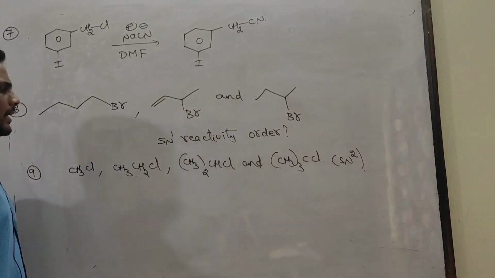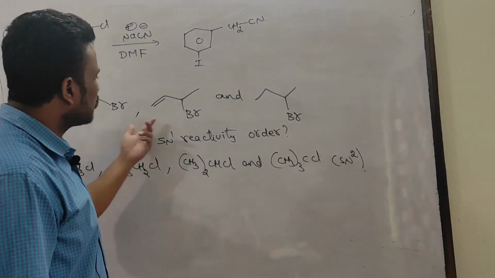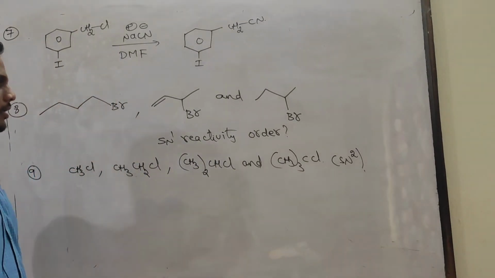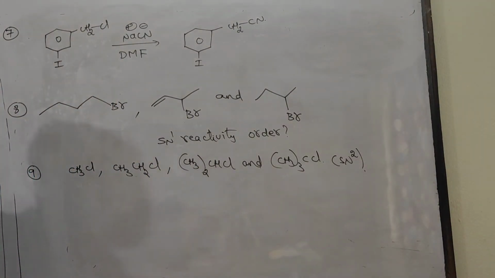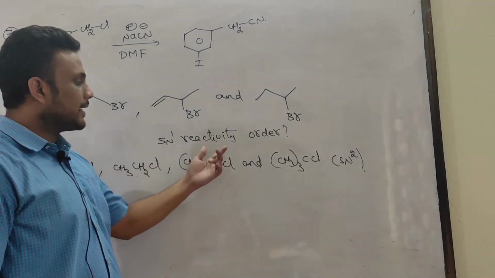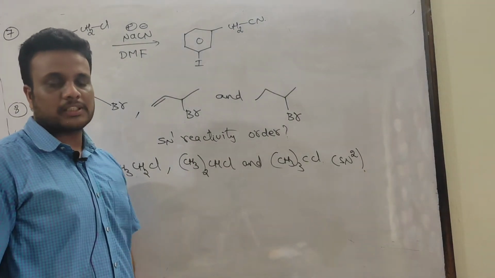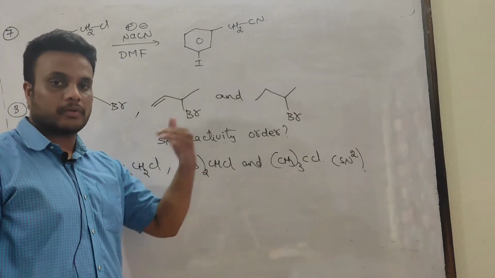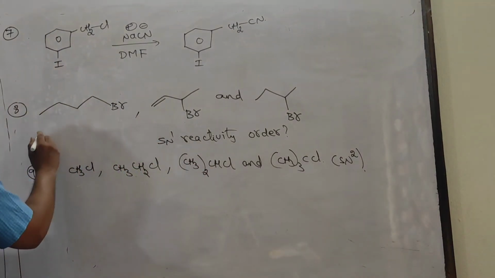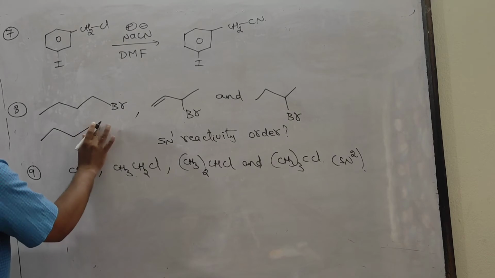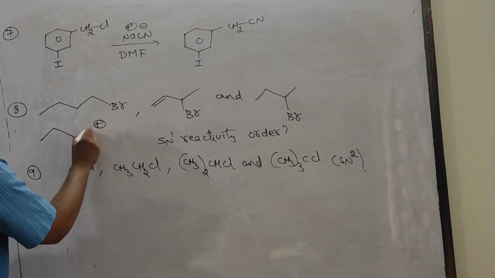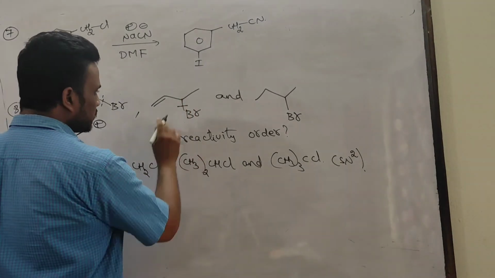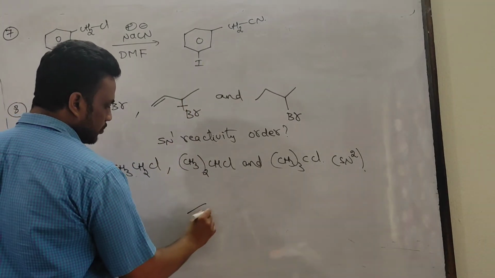We are given 3 compounds in the next question, and we have to find the correct reactivity order towards SN1. We know very well for SN1 reaction you have to compare the stability of intermediates, because SN1 goes through a carbocation intermediate. So this particular reactant gives this carbocation after breakage of this.